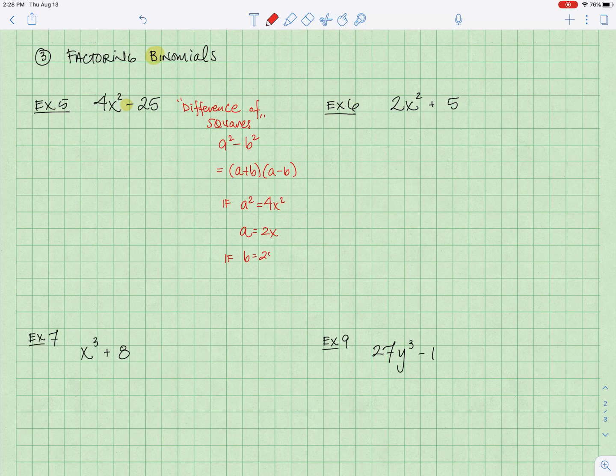And if b squared is equal to 25, then b is equal to 5. So how does this factor? It factors as simply 2x plus 5 times 2x minus 5. It is the difference of squares.